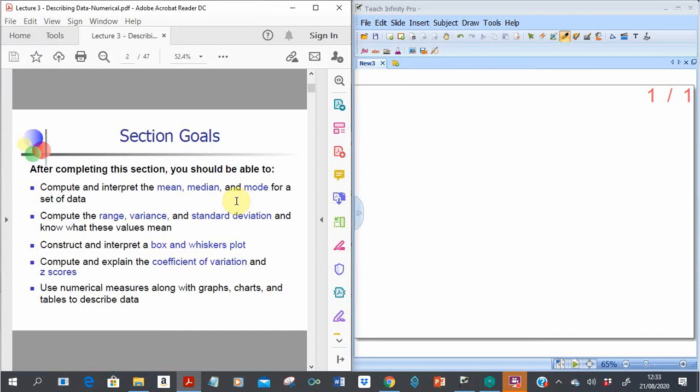We will do the z-scores afterwards in probability. So from here, we're just going to end at the coefficient of variation.